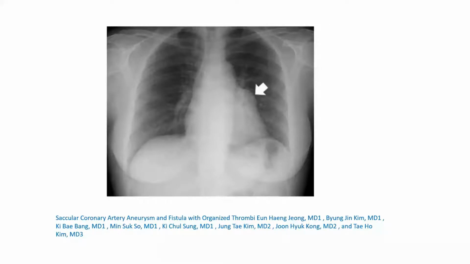So this was a coronary aneurysm that bulges out and it distorted the left border in this way. What does this mean? It means the borders of the heart reflect particular structures by the rule of commonality.